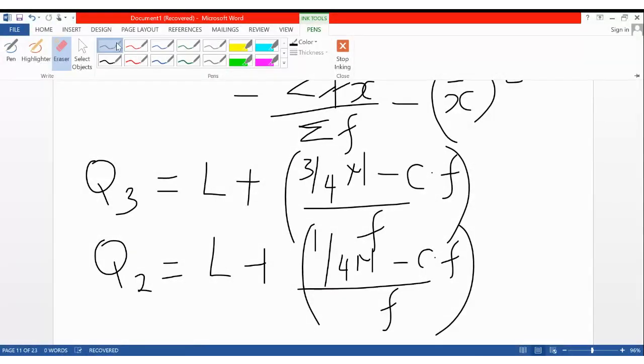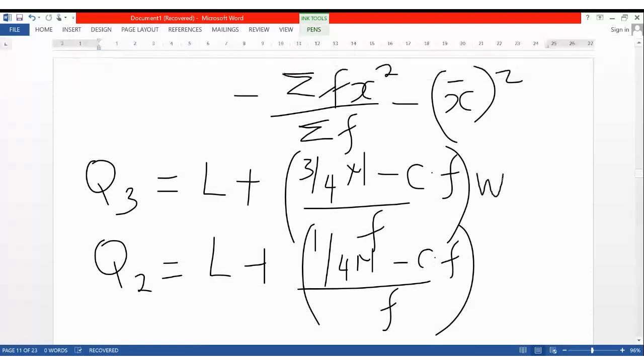But remember, Q3 is 3/4 of n, and Q1 is a quarter of n.